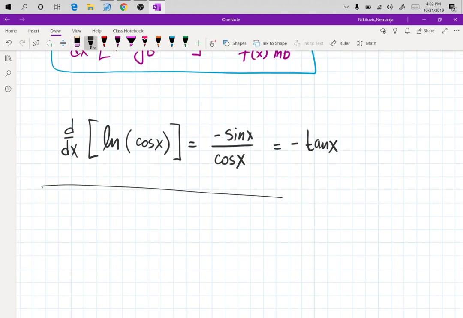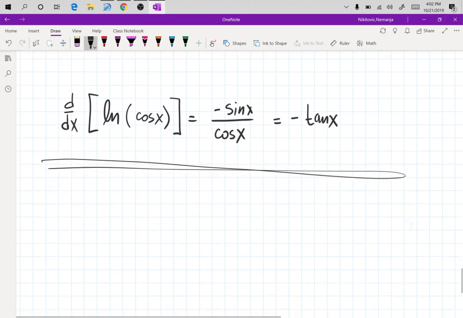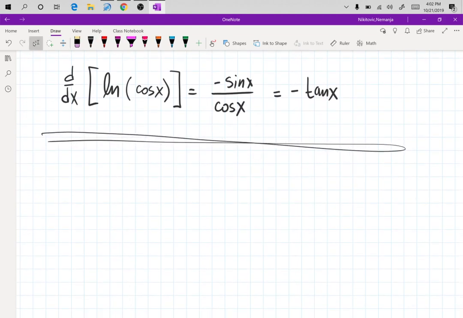Let's take a look at the derivative of ln of, let's say, square root of 1 over x.